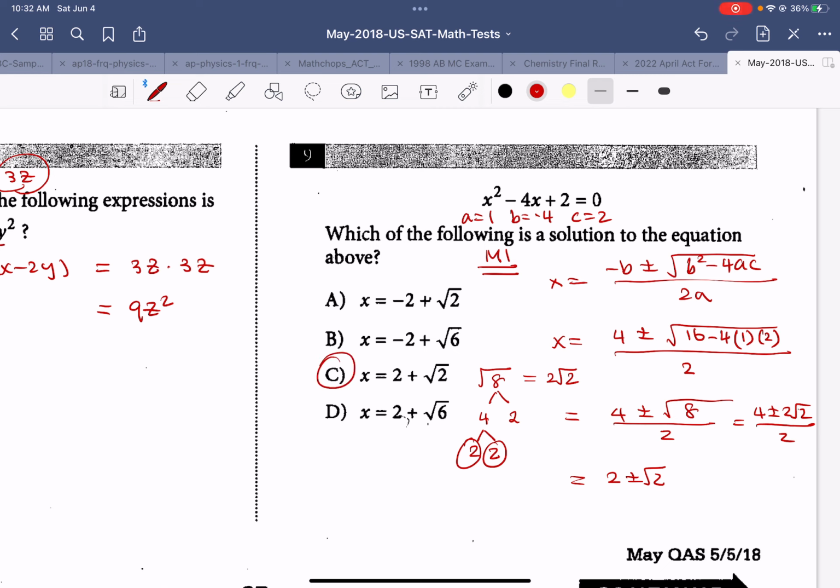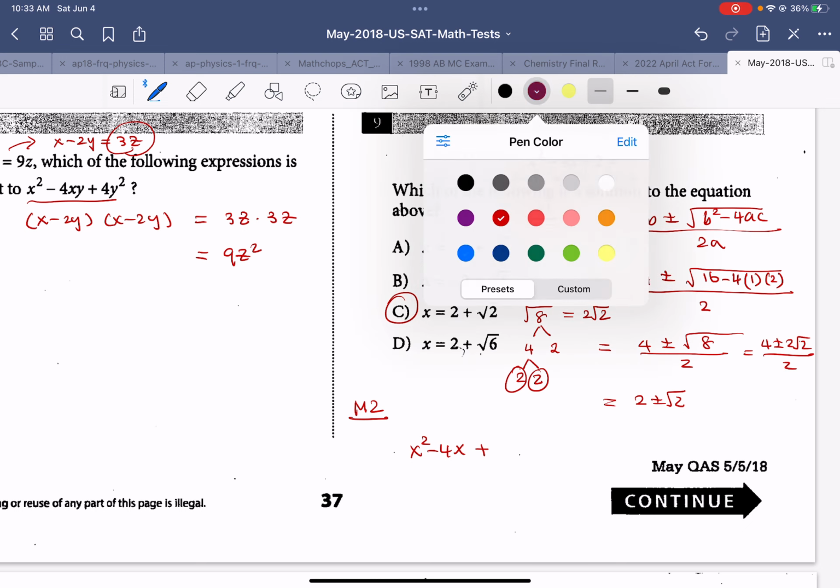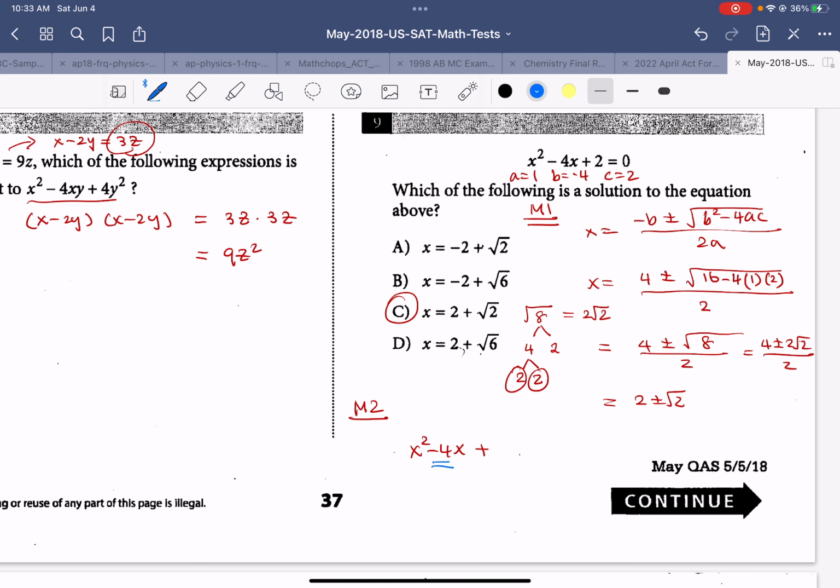Or another way of doing it, you can complete the square. So let's do that. Method 2. So x squared minus 4x plus, always you put this one, b over 2 squared. We call that one the magic number. That you put here. And then negative 2, you move it to the other side.